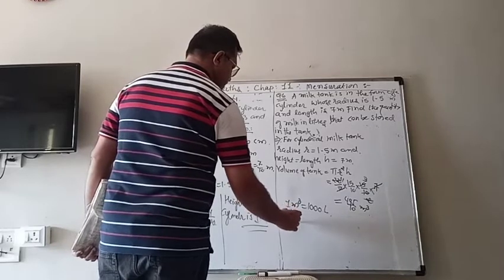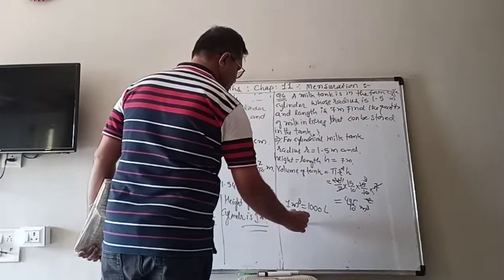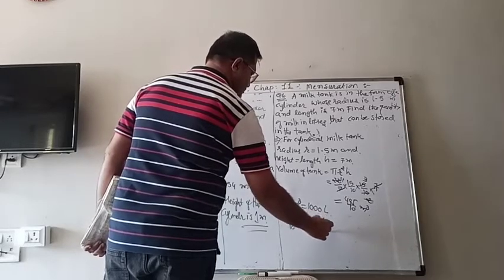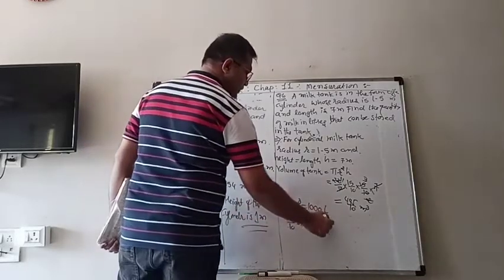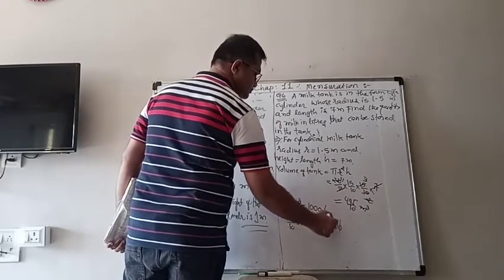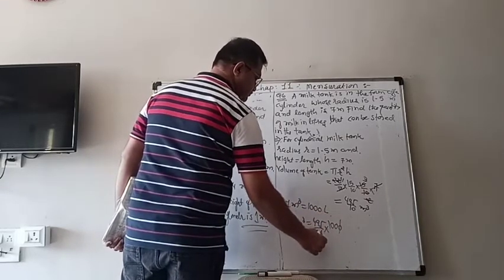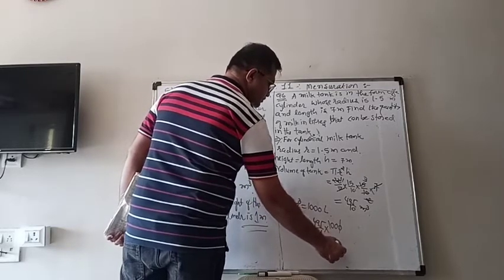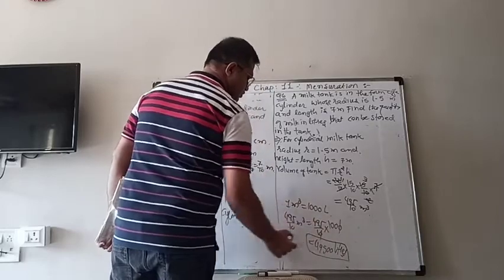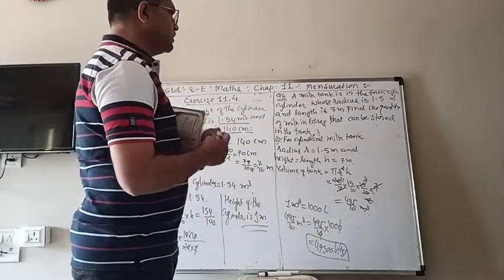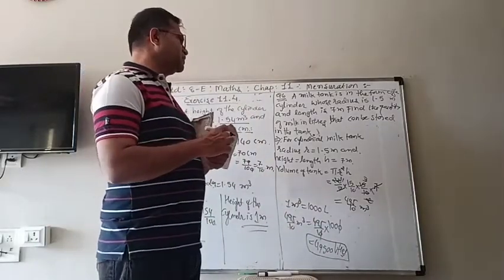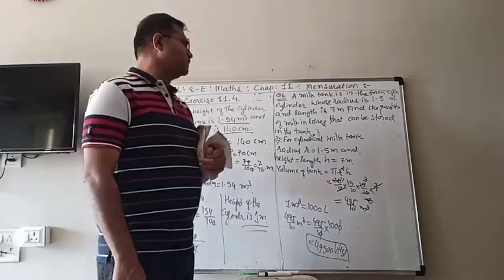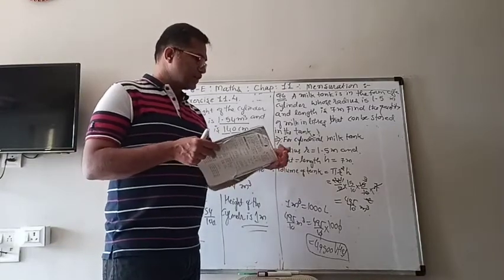So 495 upon 10 meter cube is equal to 495 upon 10 multiplied by 1000, that is 49,500 liters. So the container, milk tank, can contain 49,500 liter milk.